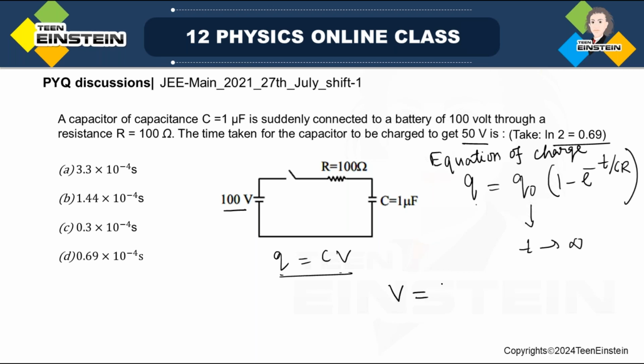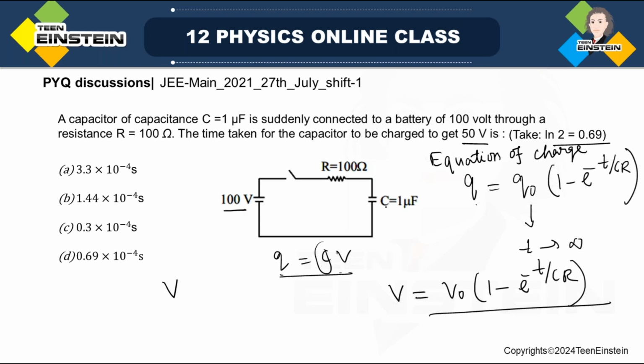See, V is equal to V0 into 1 minus e to the power minus t by CR. Why? Because just multiply C, then you get charge, right? C is anyway not going to change with time, so I can write this equation in this fashion also. What is this V0? V0 is actually the potential of the battery.